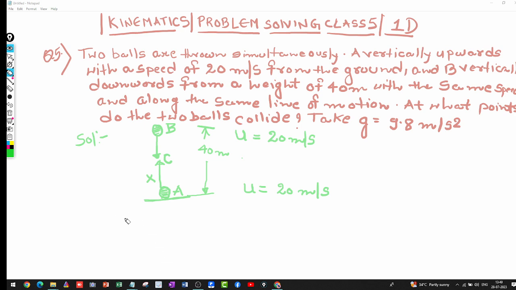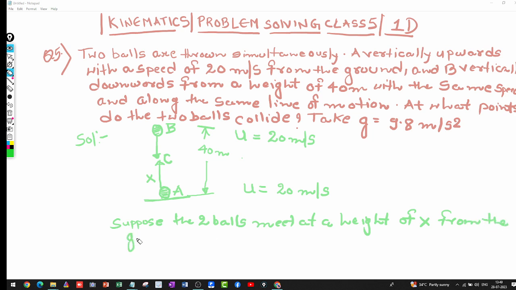As I have already told you, we have to suppose the two balls meet at a height of x from the ground after time t from the start.